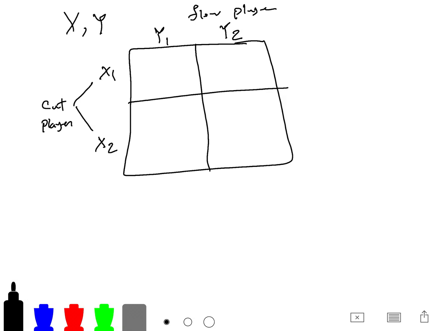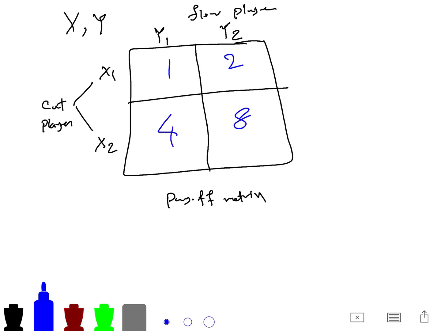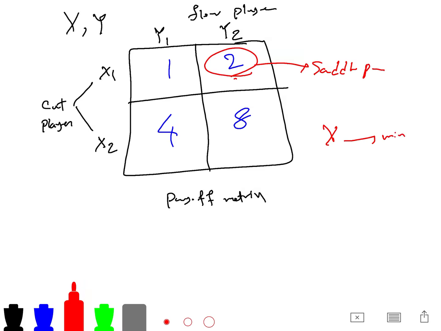So different combinations. For each of them, we have a different payoff. So this is a payoff matrix. So for example, this payoff. You can see easily this is the optimal point, the saddle point. So X is minimizing in primal, Y is maximizing in dual.